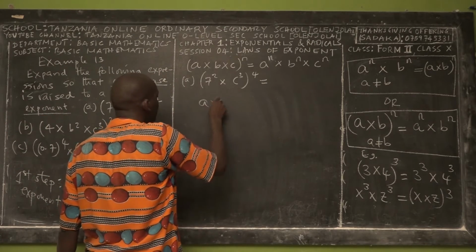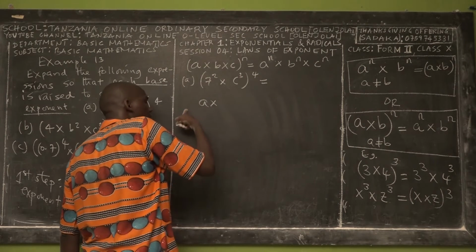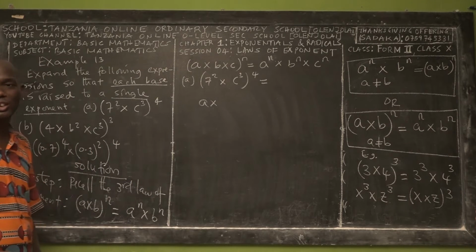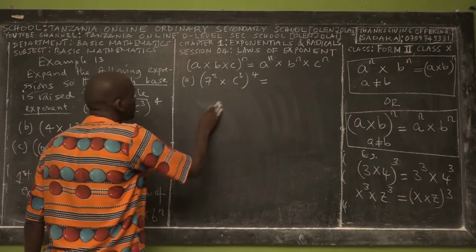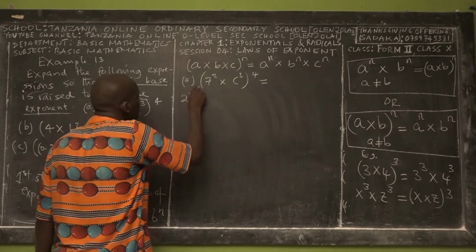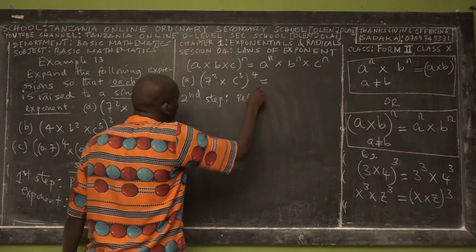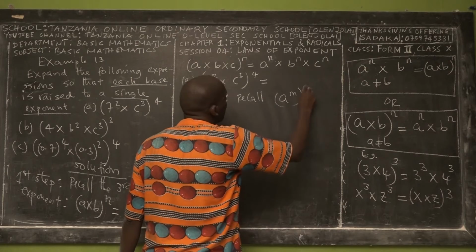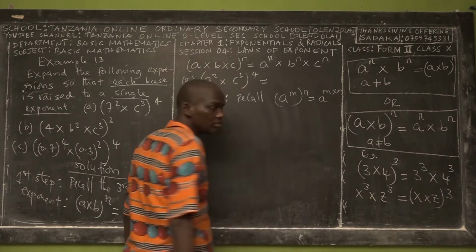Two. First of all, we have a power with a certain exponent, and then we have an exponent outside. So the second step, in order to solve that question, you have to recall that when you have (a power m) power n, this is equal to a power m times n.